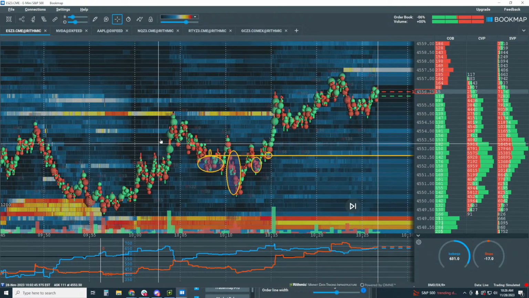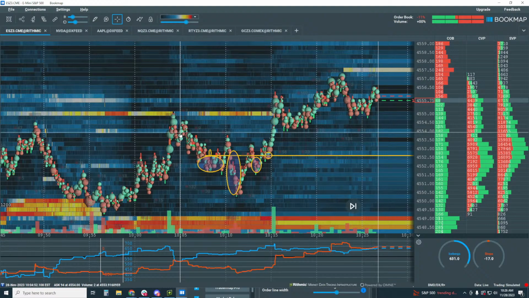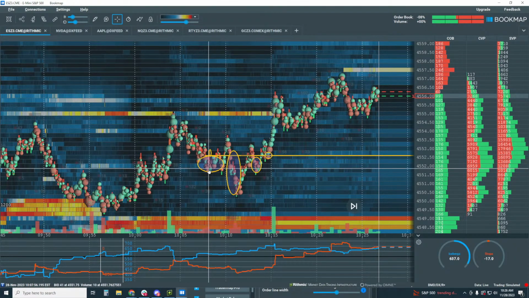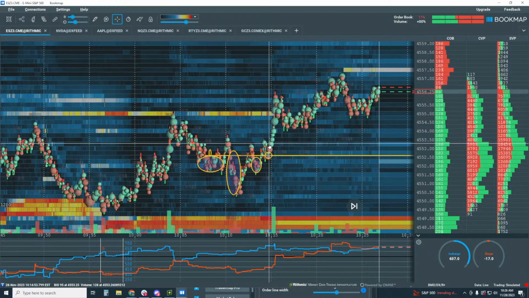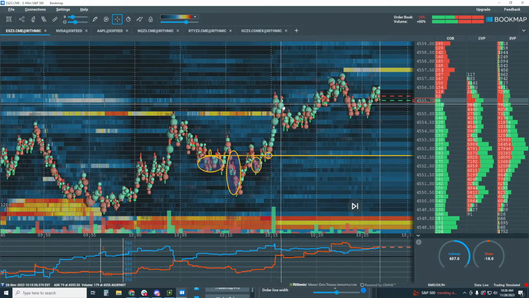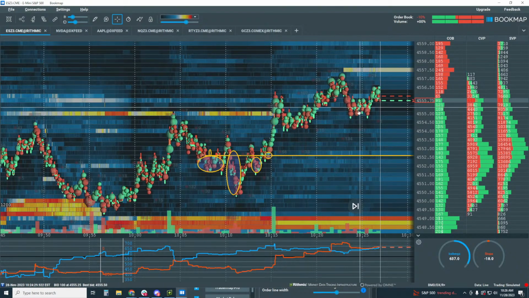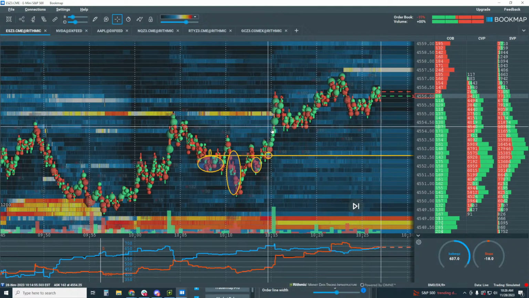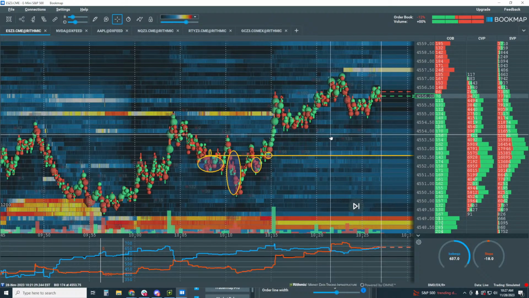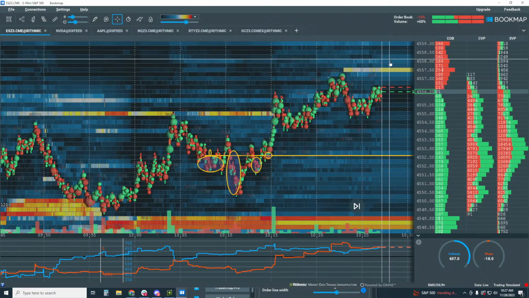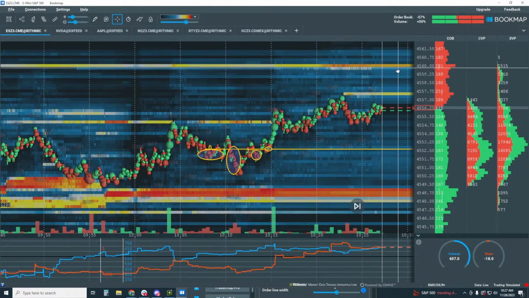Okay, but we're looking for this move in here, and we're looking for a continuation, and we didn't get it, and this became very confusing in here. Then it started to unfold in here. Okay, so we were looking for that continuation at that point, and we can still look for it here, but now we got to come back and reassess this behavior in here, and how does this look for continuation to further outer edges here.